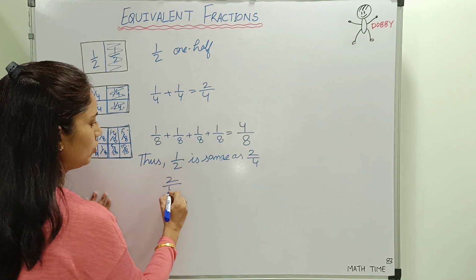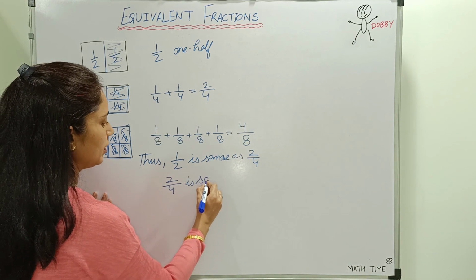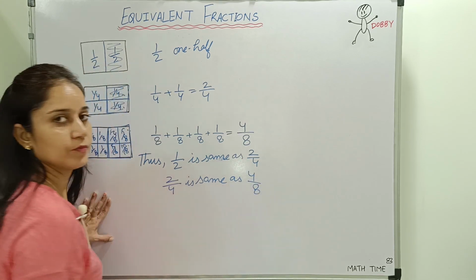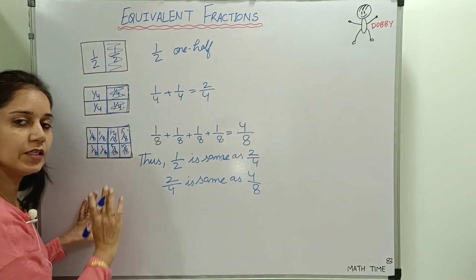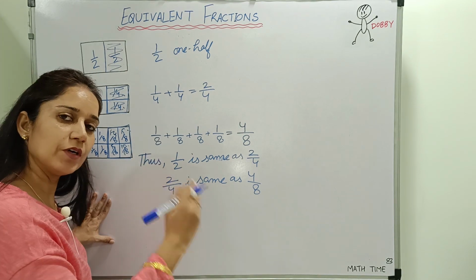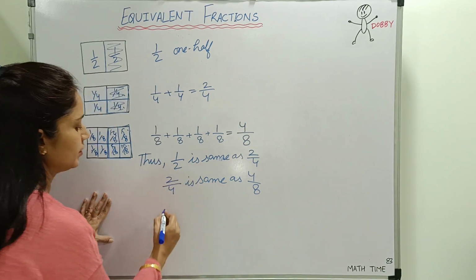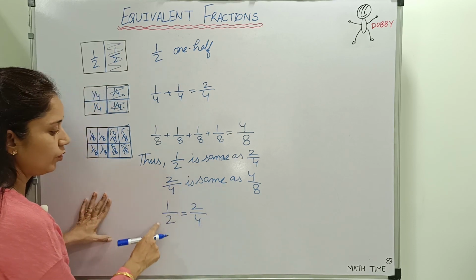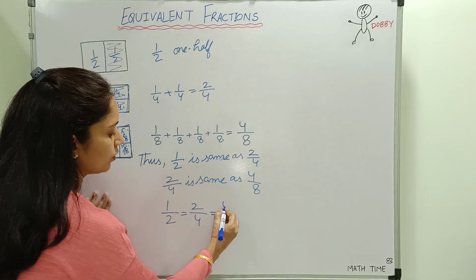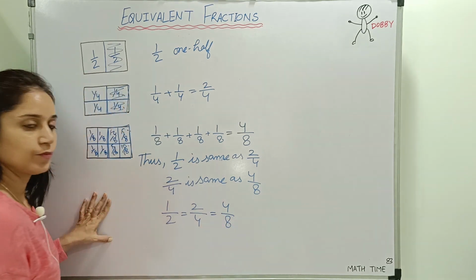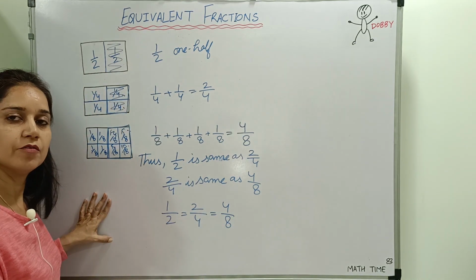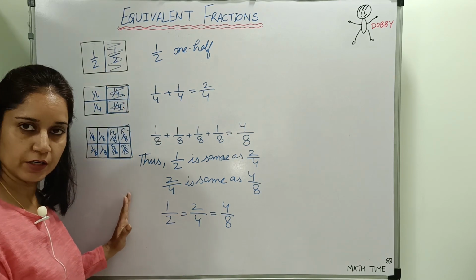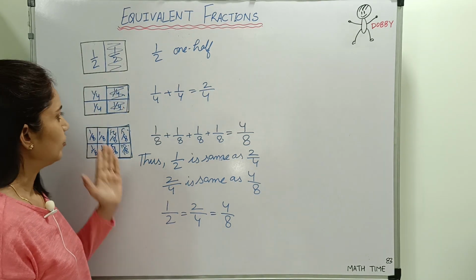Further, 2/4 is the same as 4/8. This half is only further divided into equal parts. So, this is called equivalent fractions. 1/2 is equal to 2/4, equal to 4 parts out of 8. These are equivalent fractions. This is how we have understood with the help of this diagram.